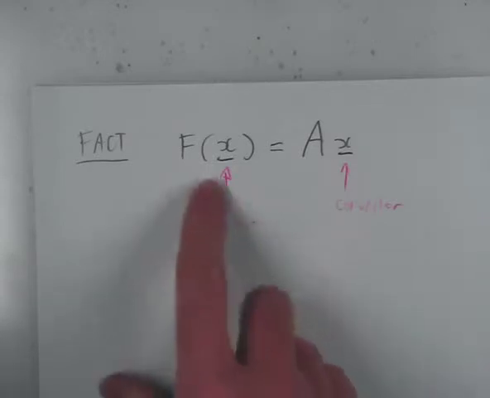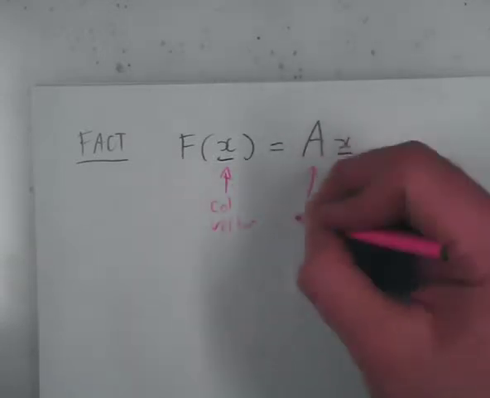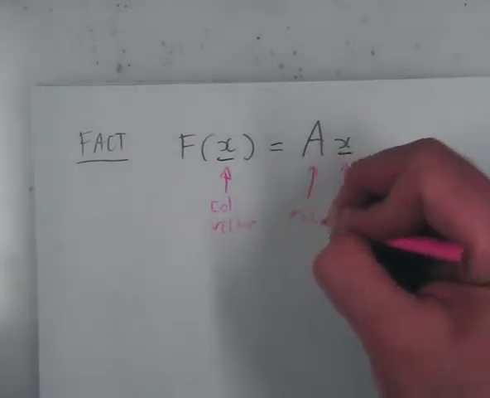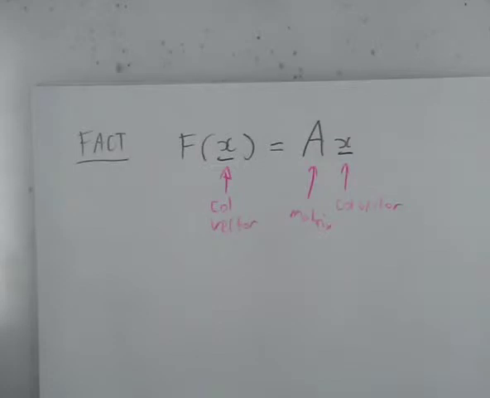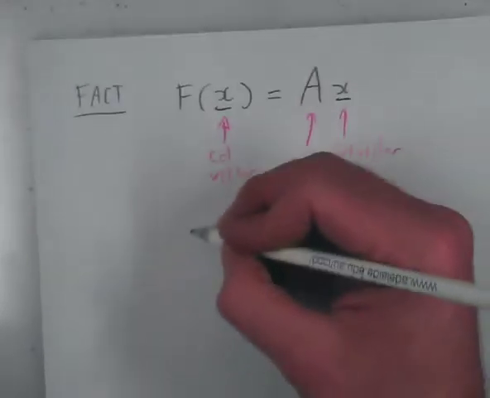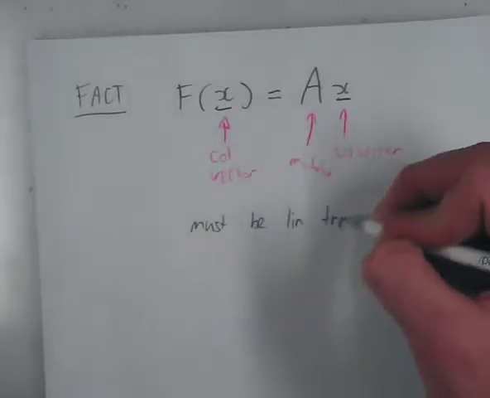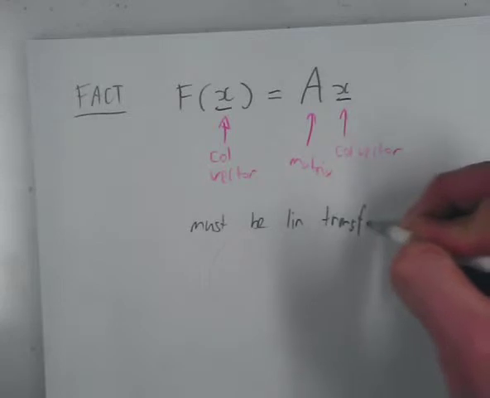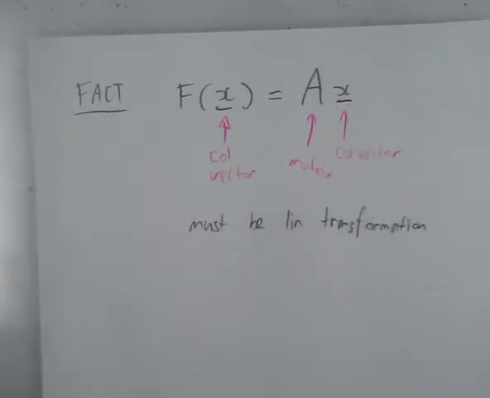So if my function is defined by matrix multiplication, then it must be a linear transformation. And even better, every linear transformation can be written that way if you want.